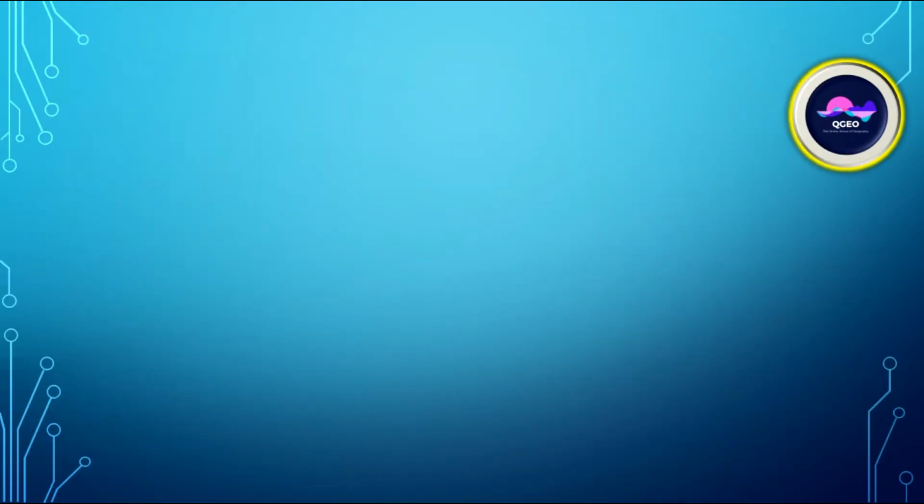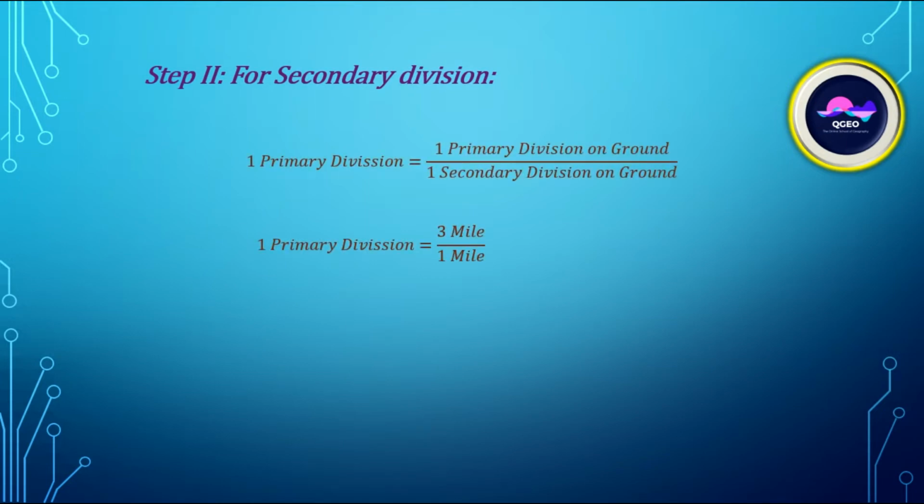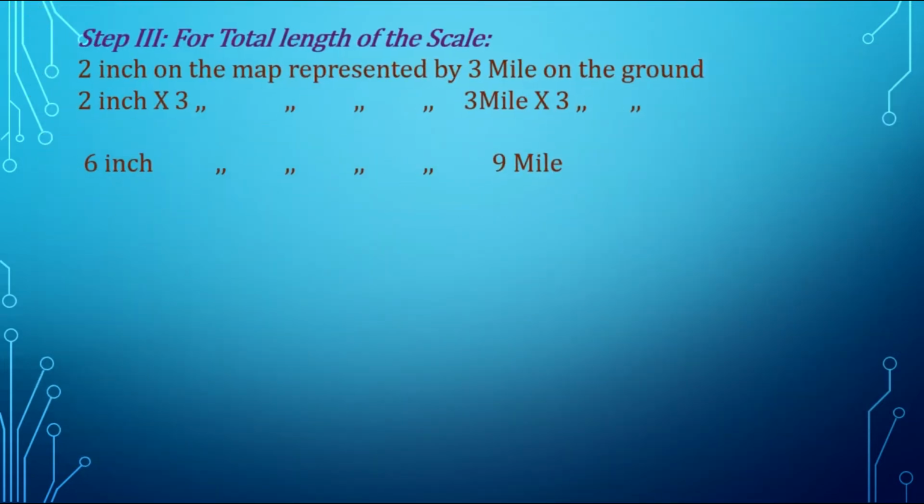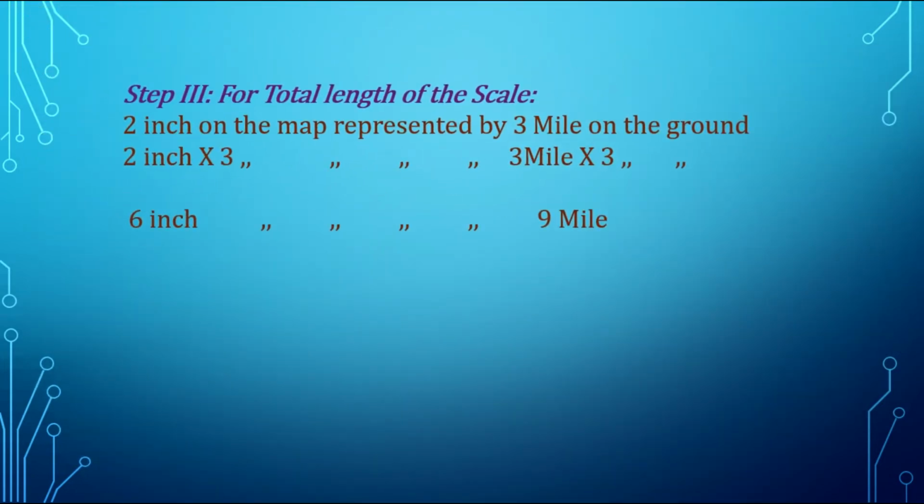For secondary division we have to calculate in this way: one primary division is equal to 3 secondary division. For the total length of the scale we can use 2 inch on the map is represented by 3 mile, so 2 inch into 3.